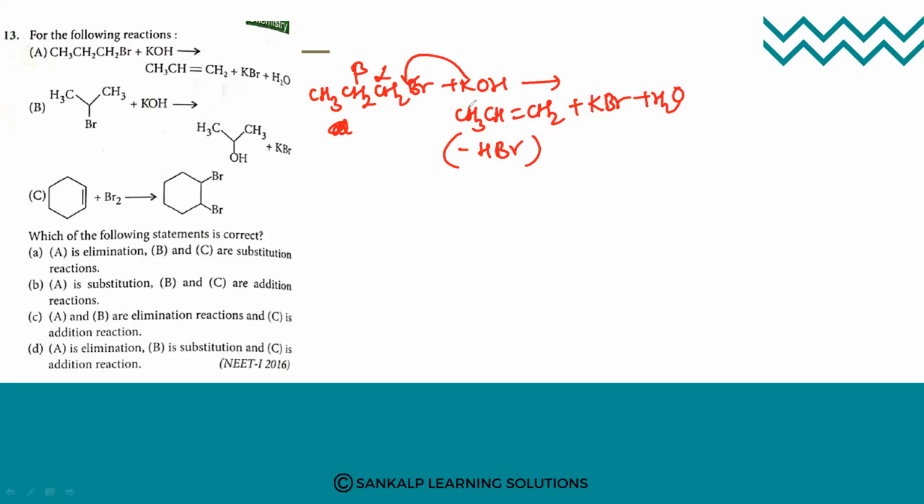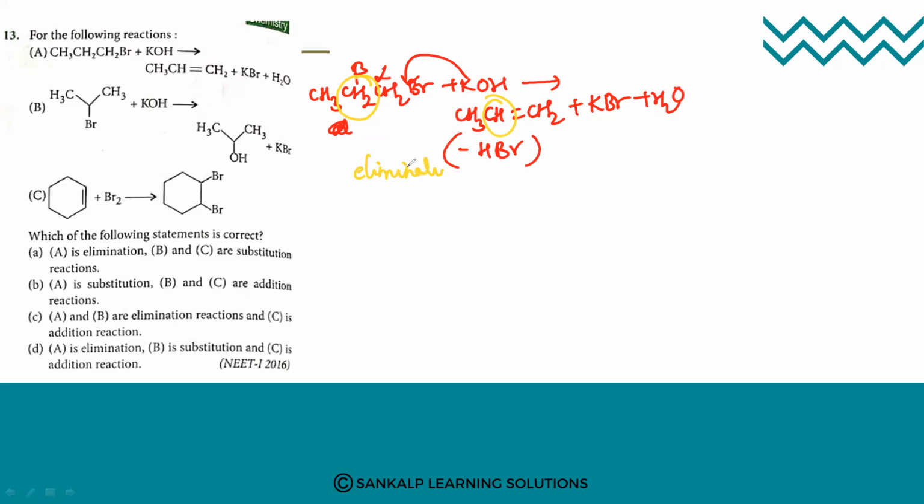From the reactant and product you can see, this is CH2, this is CH. So from the beta carbon there is elimination of hydrogen. So this is an elimination reaction.